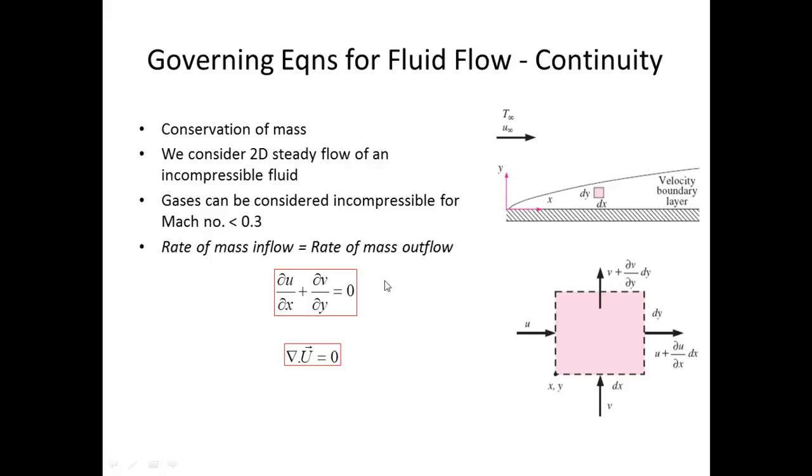If we add up these two components, the net inflow becomes 0, and the equation simplifies to ∂u/∂x plus ∂v/∂y equal to 0, which can also be expressed using the del operator as del dot V equal to 0. This is the simplest form of the continuity equation, subject to the assumptions that we have mentioned just now.